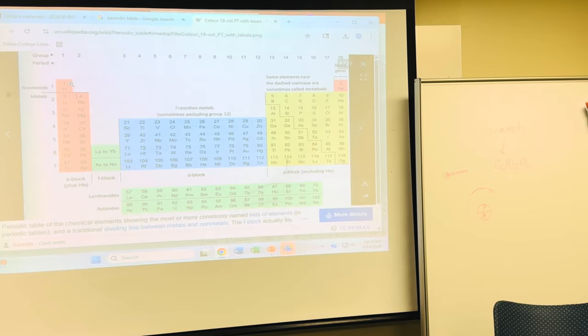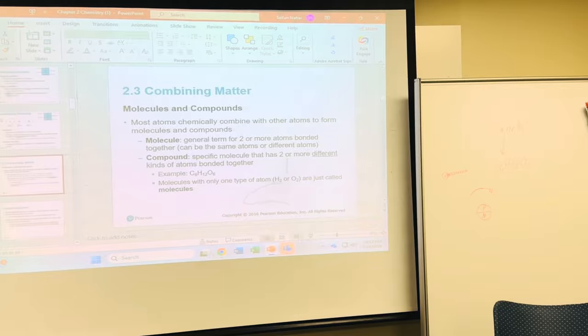In the normal condition, all the elements have the same number of electrons and protons. So if hydrogen has one proton, how many electrons does it have? One. If neon has 10 protons, how many electrons does it have? 10. If argon has 18 protons, how many electrons does it have? 18. Okay, very good that you make sure you understand.